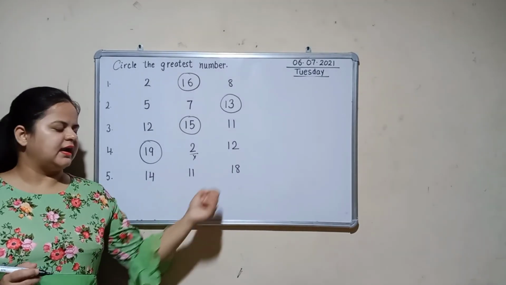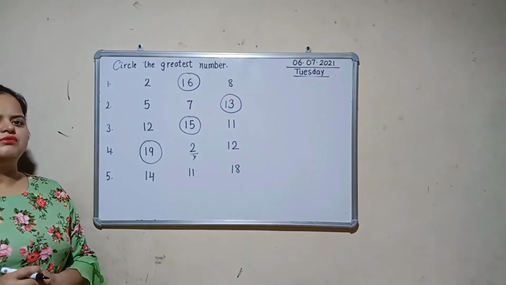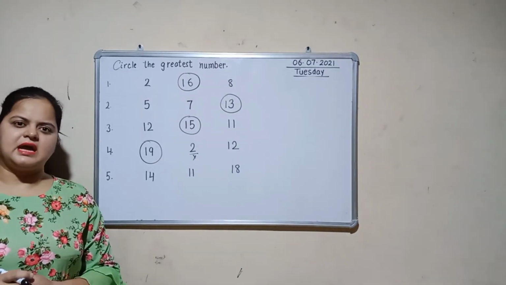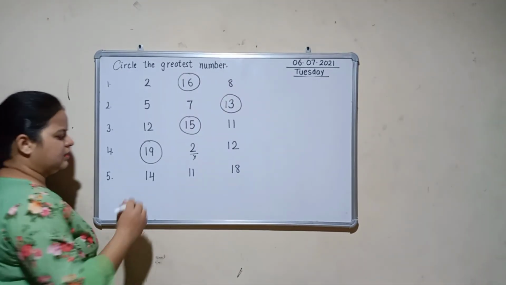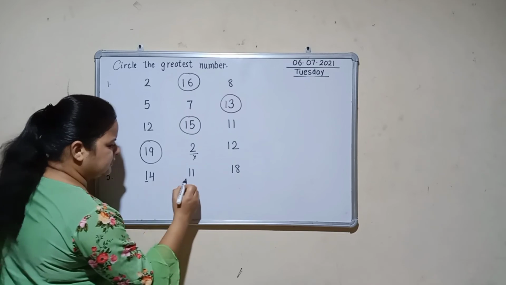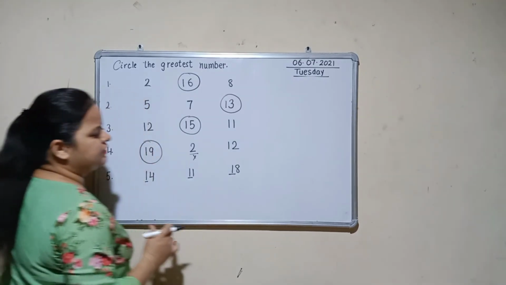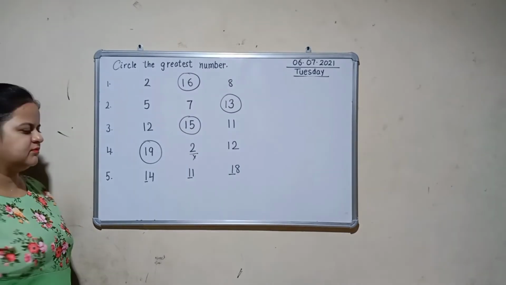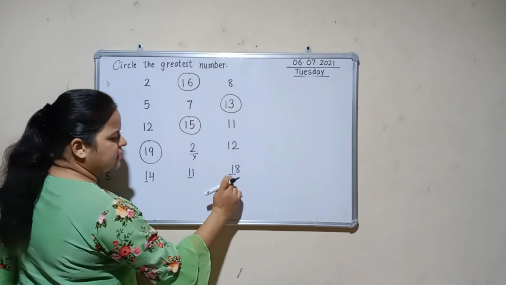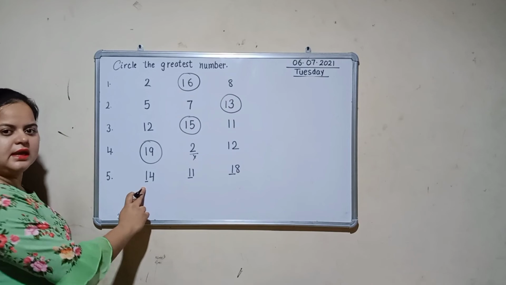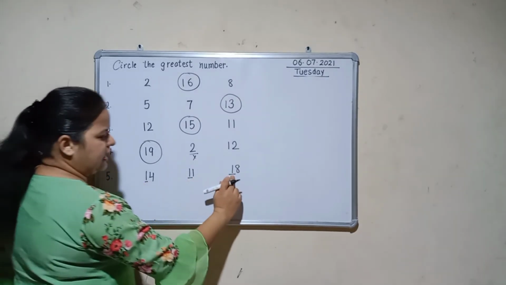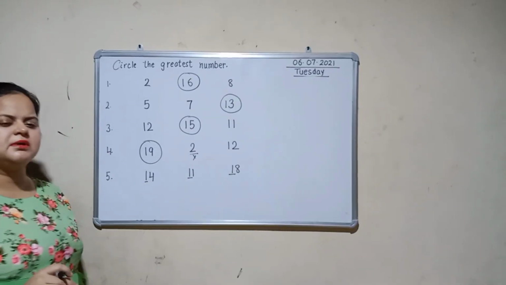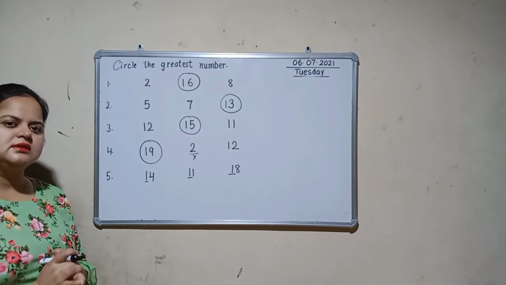14, 11 and 18. Always see which number is placed on the tens place. We will compare these numbers, but these are the same: 1, 1 and 1. We can't compare these numbers because these three are the same.